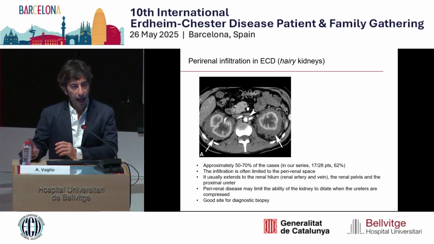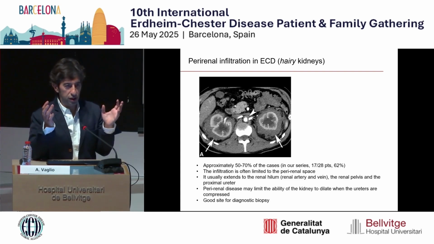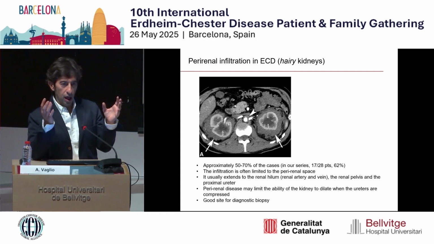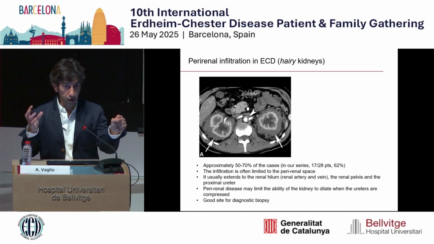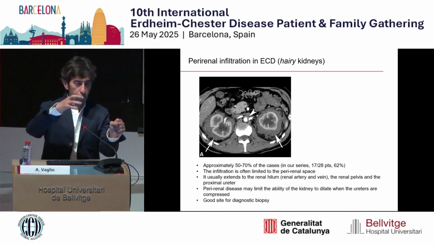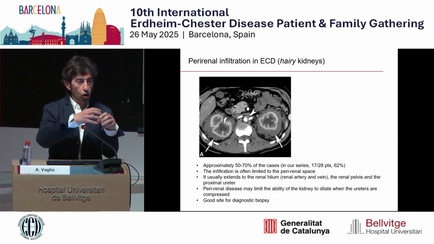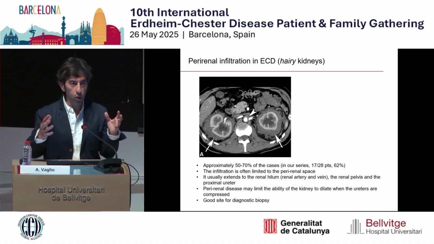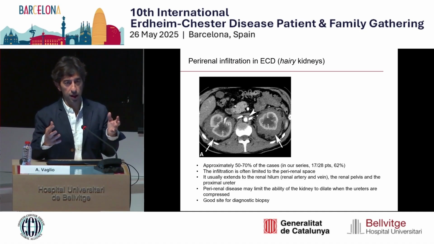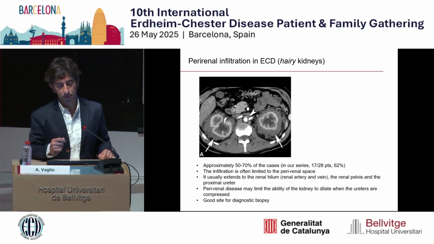Perirenal disease has another potential disadvantage. If the perirenal disease extends to the proximal part of the ureter, then it can obstruct the ureter. So there is an obstacle for the urine to flow, and normally this leads to dilation of the kidney, and this is what we call hydronephrosis, and I think you've heard it before.